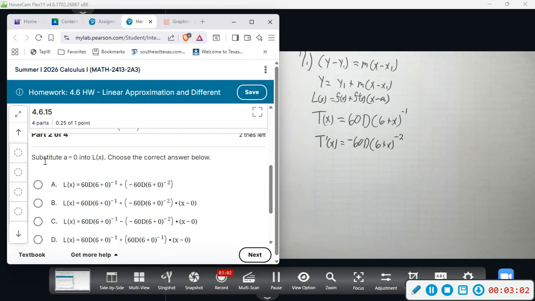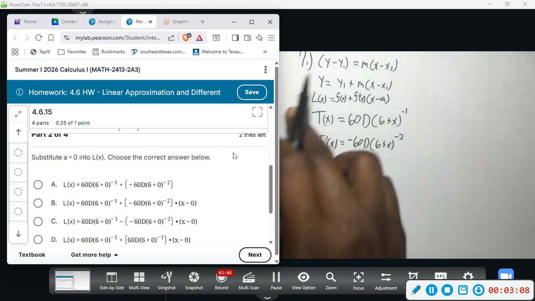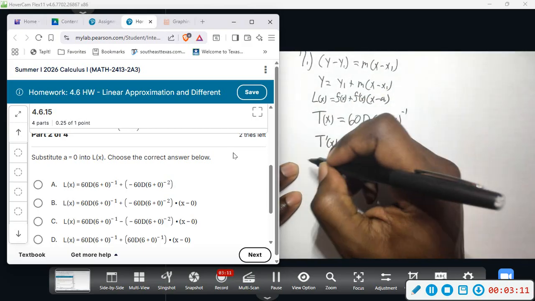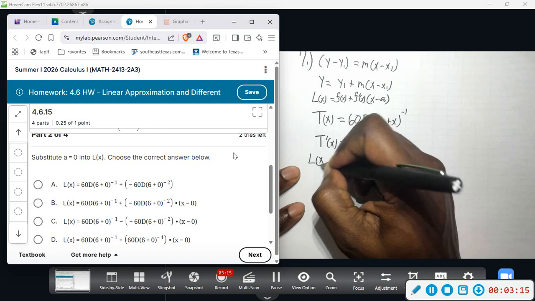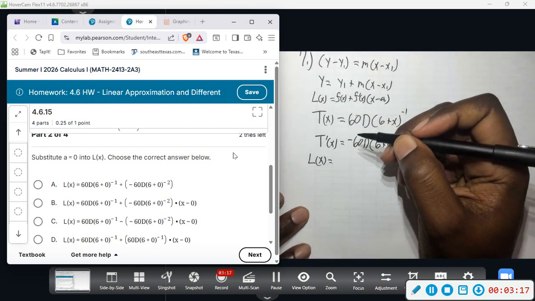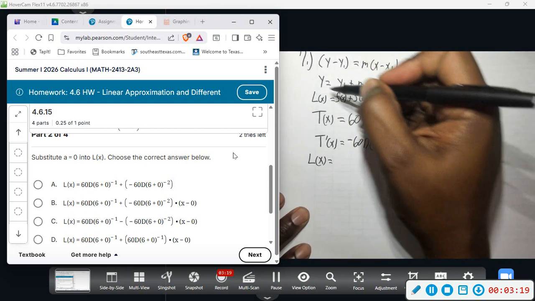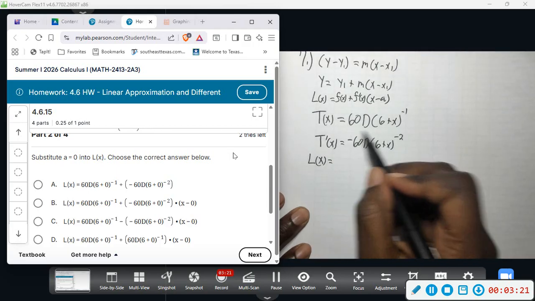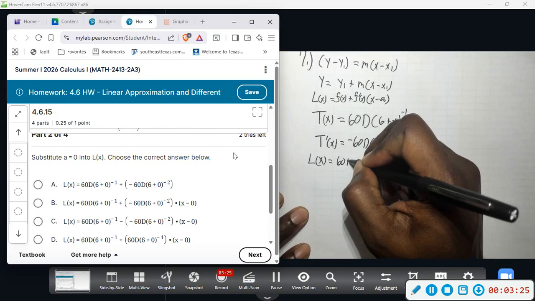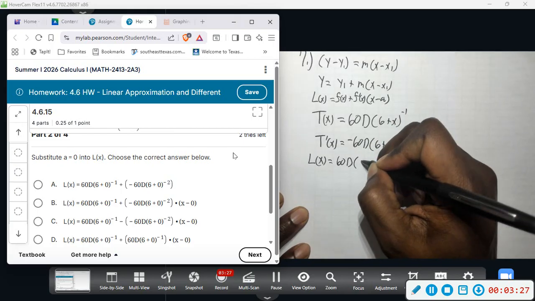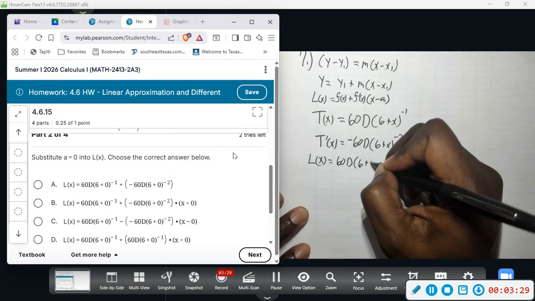All right, part 2 says substitute a into Lx, choose the correct response. So again, writing this formula out with what we have, Lx is equal to our t of x formula, but it says plug in a. So this will be 60 times d over 6 plus 0.